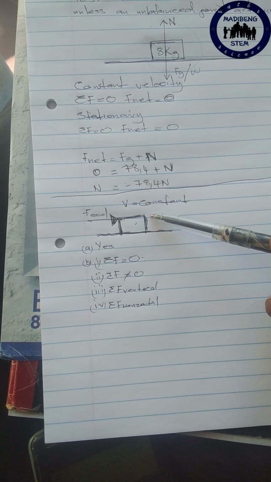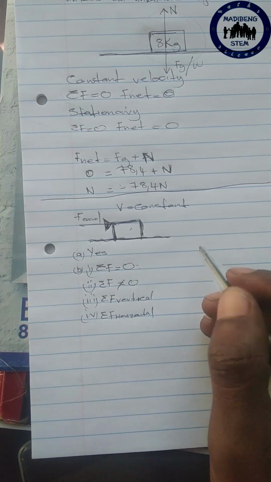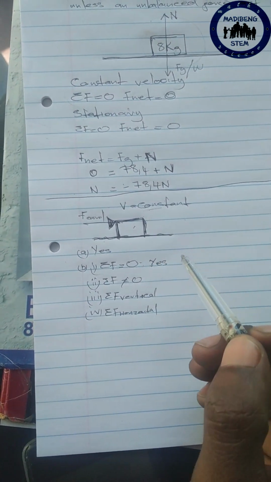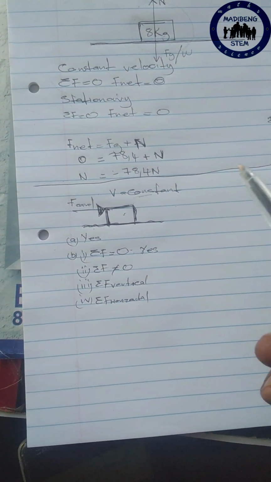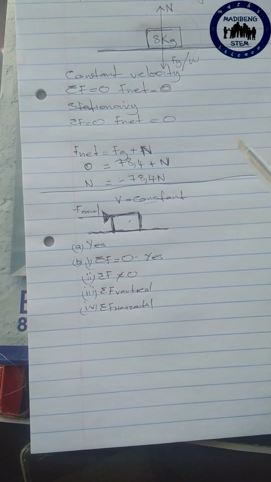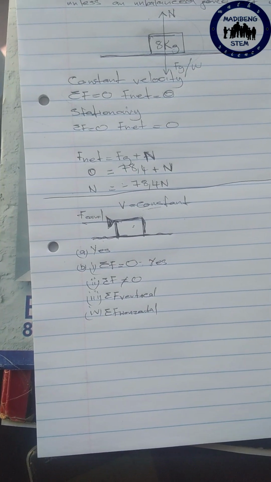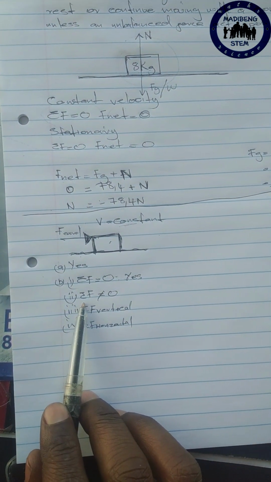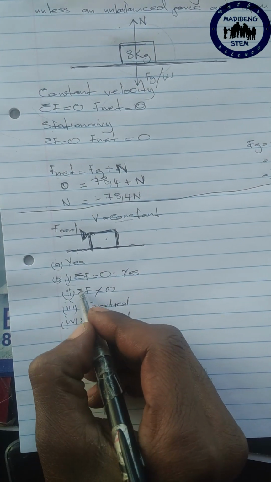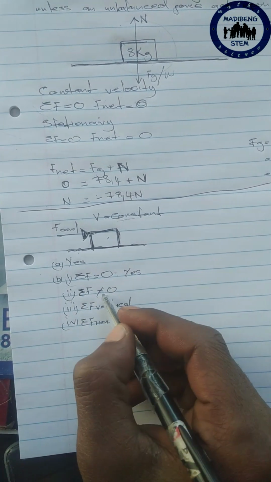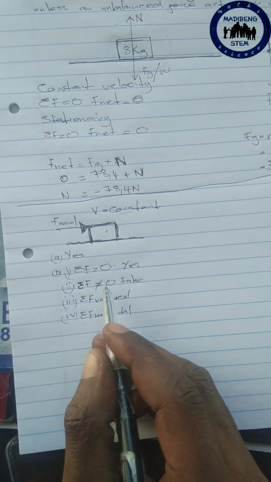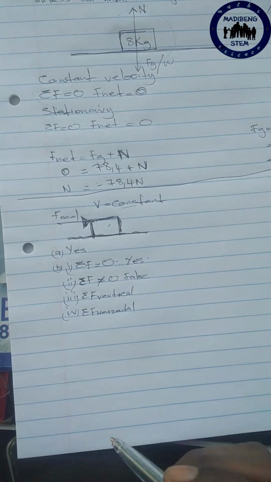Yes, it's true, because it's moving with a constant velocity. When something is moving with constant velocity, the sum of the forces acting on that object is 0. They're asking if the sum of the forces is not equal to 0. This is false, because it's equal to 0. The right one is this one.